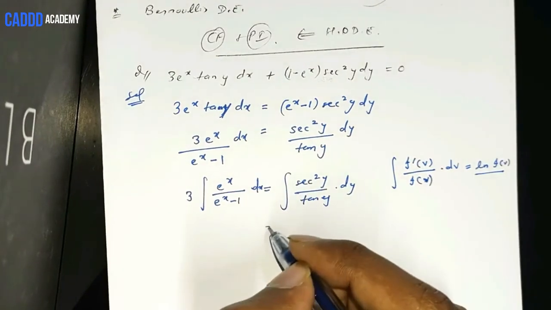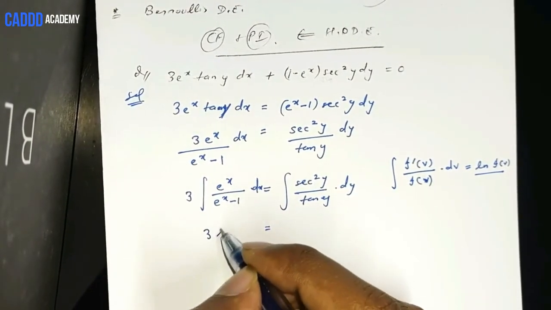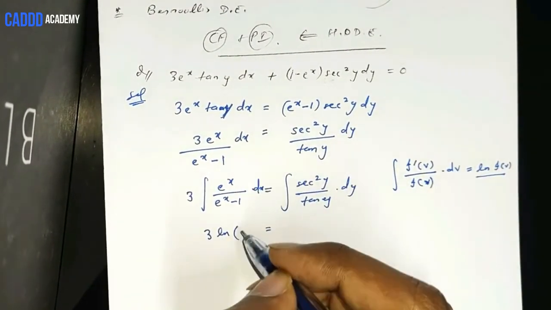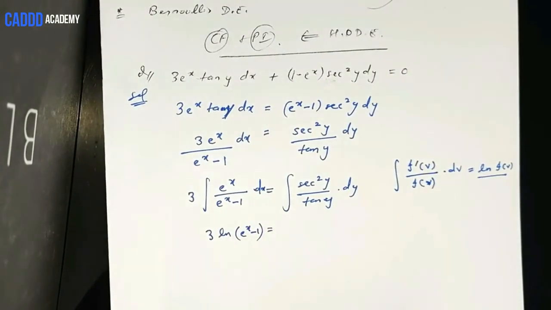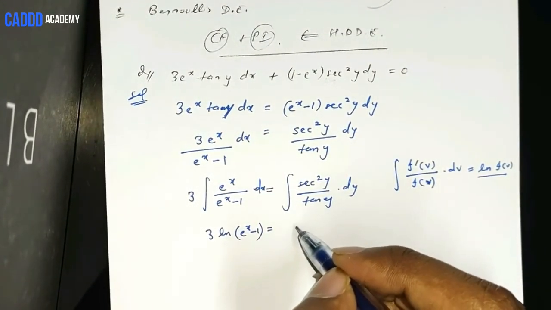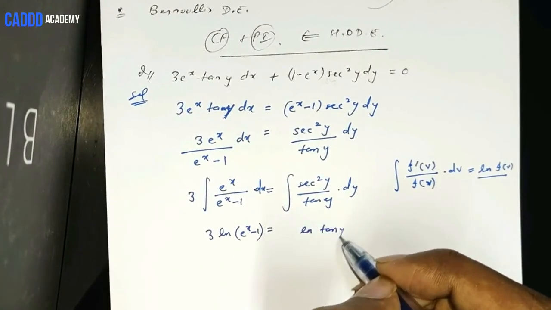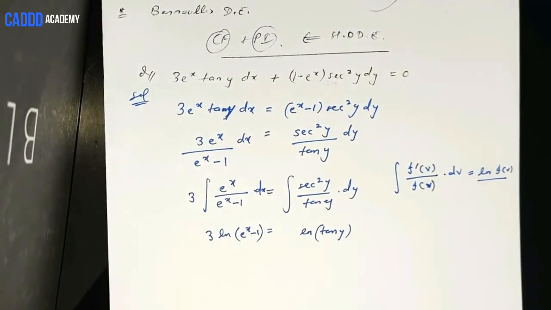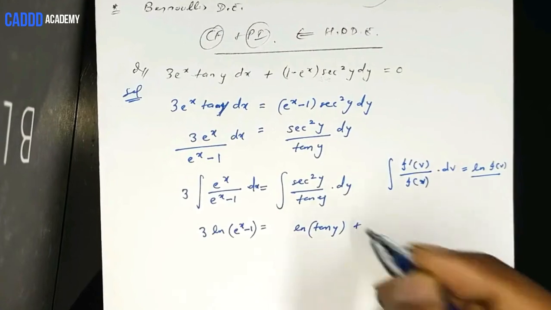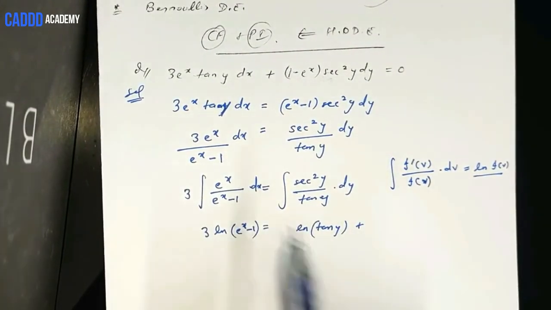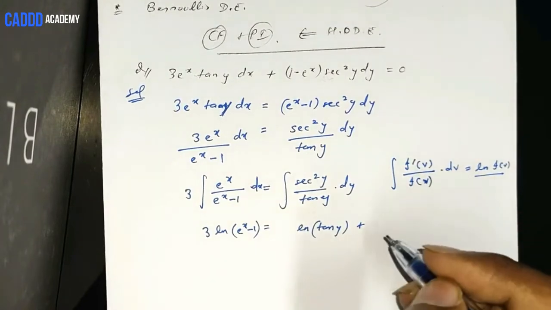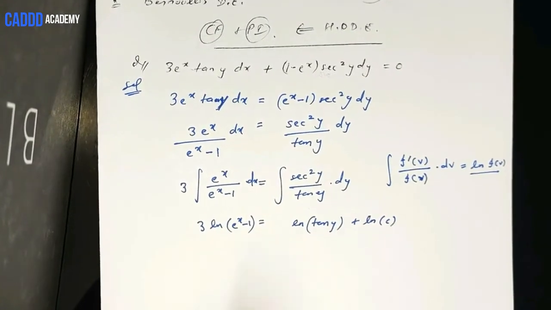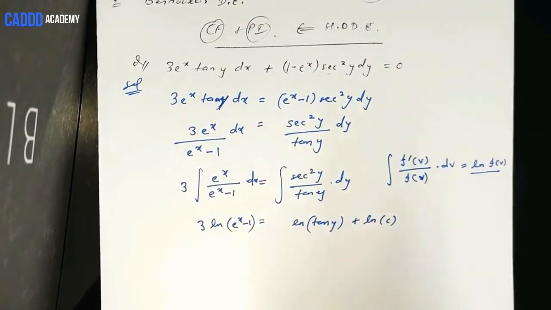So simply we are writing 3 ln, and the function f of v is here what, e to the power x minus 1. Okay, similarly at this side we have what, ln tan y. Okay, so we have integrated the thing, but after integration we have some constant also. Okay, because if we differentiate a term we will lose the constant term, while in integration we get a constant. So let's take that constant term ln c.